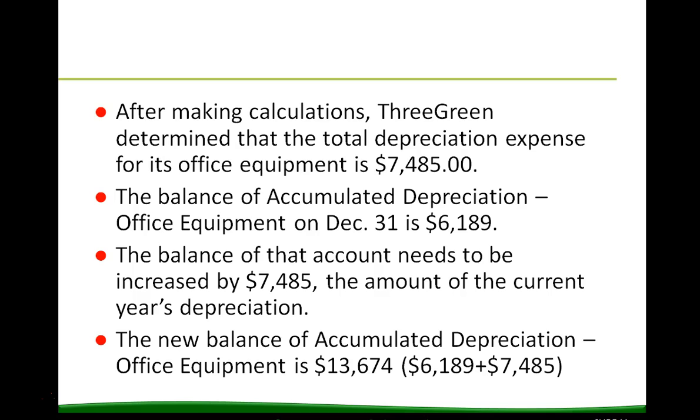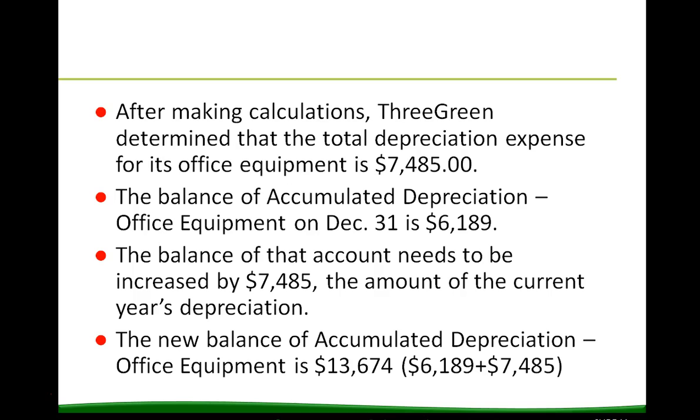So the balance of that account needs to be increased by $7,485, the amount of the current year's depreciation. So the new balance of accumulated depreciation office equipment is $13,674. So you add your total depreciation plus the new one, and it gives you the new balance.